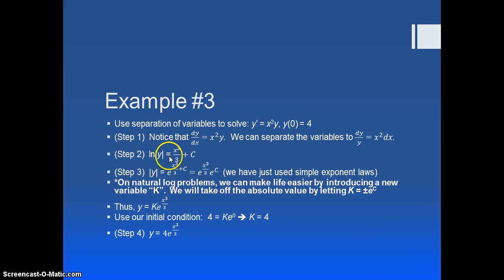And so they end up not putting the right sign and getting a lot of points taken off because their final answer is incorrect. So that's why I say if you make k equal to plus or minus e to the c, you have already absorbed that plus or minus into the way that you solve for your initial condition, and it makes everything easier, and you won't fall into that trap. We can talk more about that, though, when we're in class.